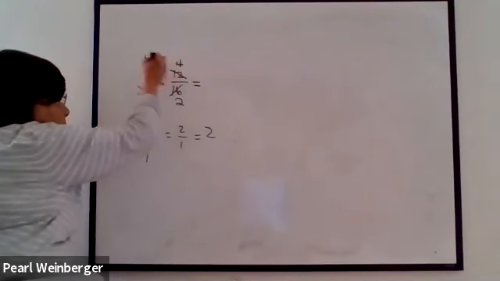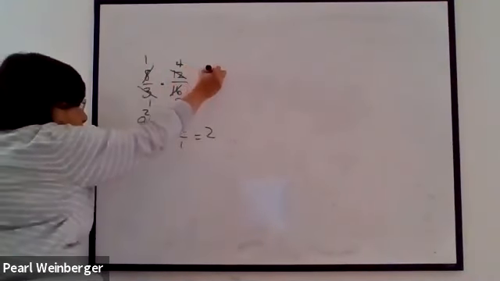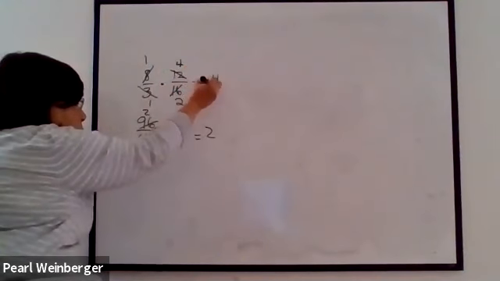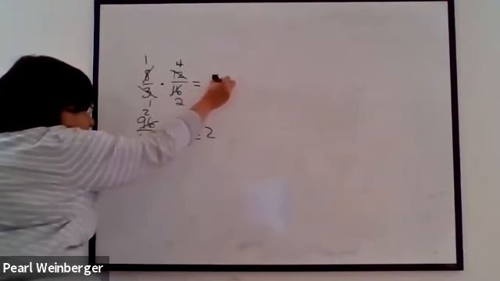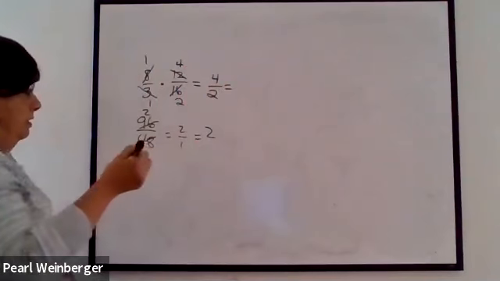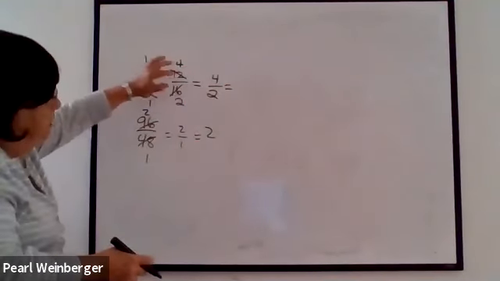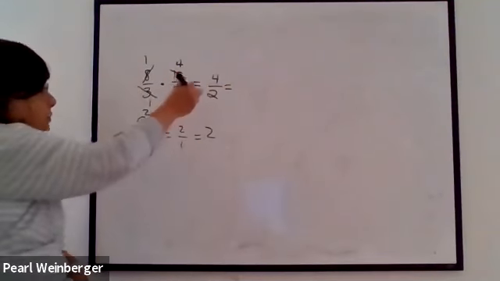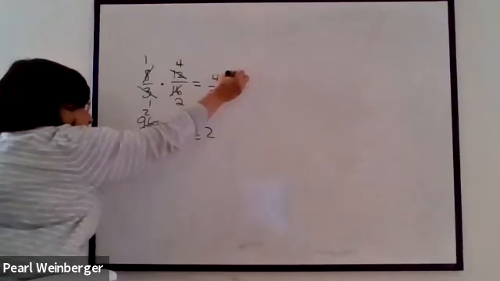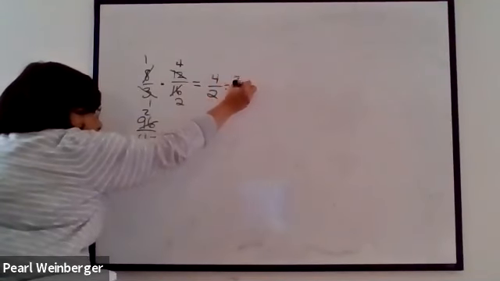And if I then multiply the numerators, I get 1 times 4, which is 4, over 1 times 2, which is 2, which still could be reduced, but it's a much easier thing to reduce. If I reduce 4 over 2, I get 2 over 1, which is 2.